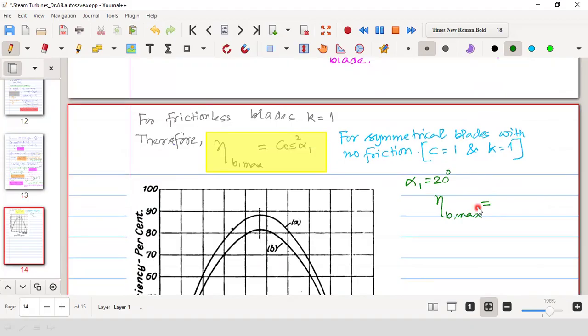Sorry, it is about 88. It is about 0.8830.